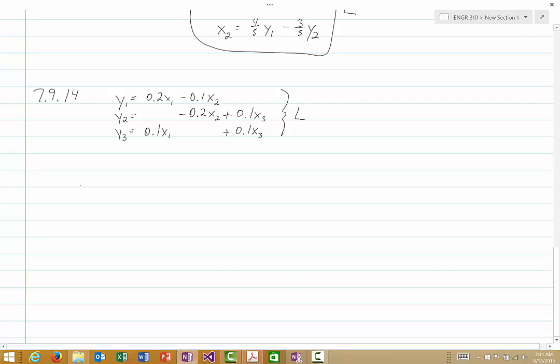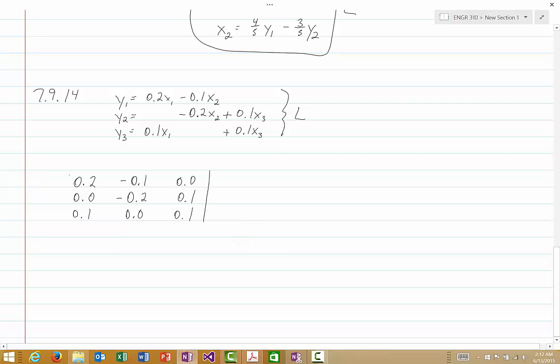So L is represented by the matrix 0.2, minus 0.1, 0.0, 0.0, minus 0.2, 0.1, 0.1, 0.0, 0.1.